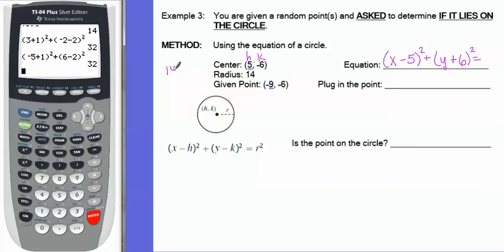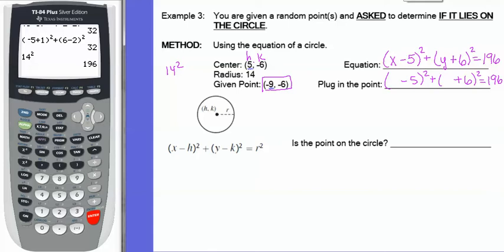Now, 14 squared, if I plug that into my calculator, I get 196. And that's what's going to go over here. I need to plug in the point that's given, just kind of like we did when we found r squared. I'm going to go ahead and fill it in like this, and I have to check to see if the new point is on there.